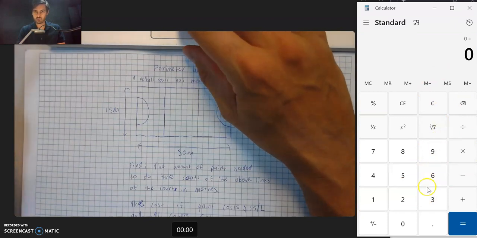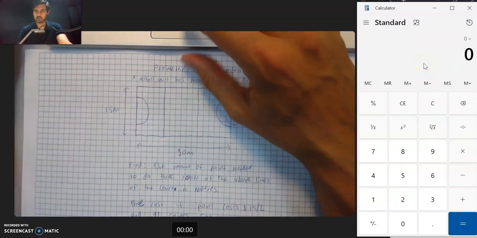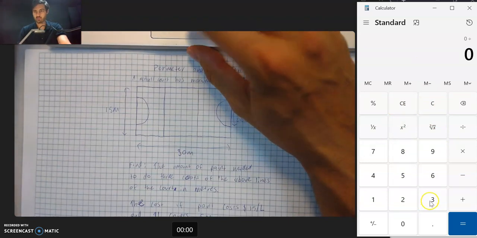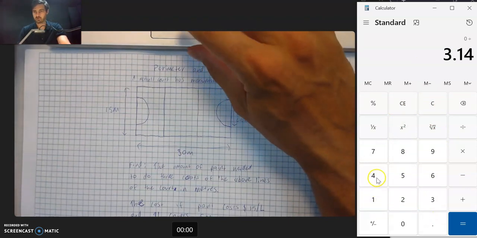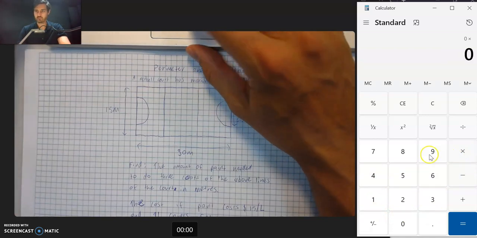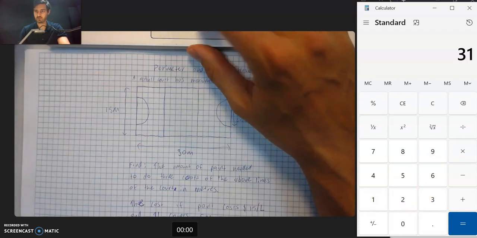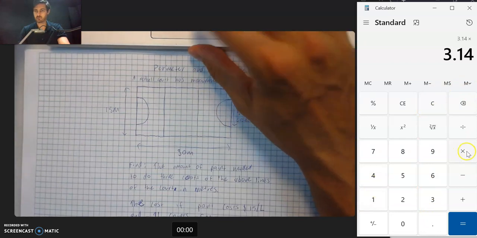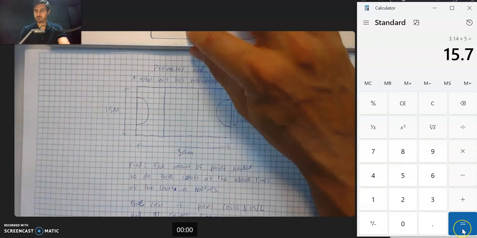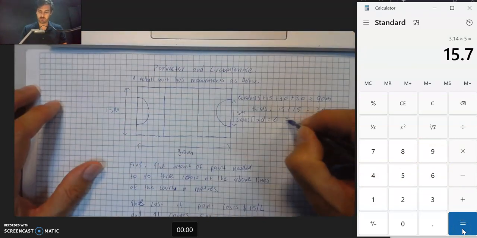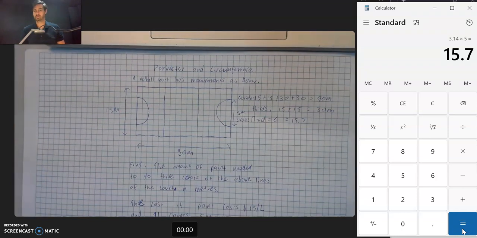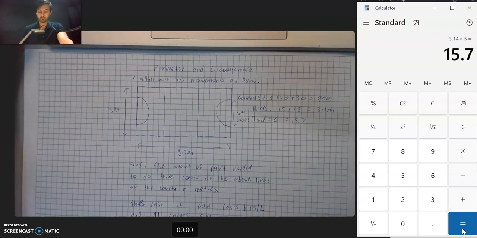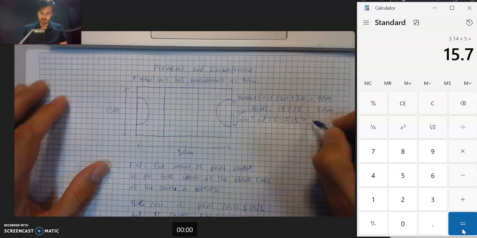What we'll do is, now this won't be accurate, make sure you do use the pi symbol on your actual calculator, but we're just going to do 3.14, which is the approximation for pi, times 5, which is the diameter. 3.14 times 5 equals 15.7. Again, please use the pi symbol on your actual calculator, so you'll get a more accurate answer. So 15.7 meters.